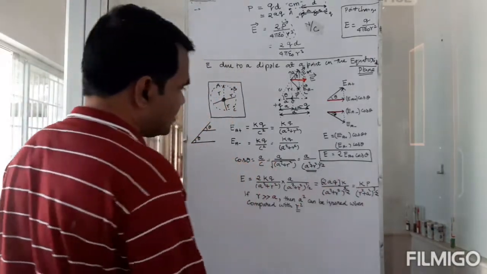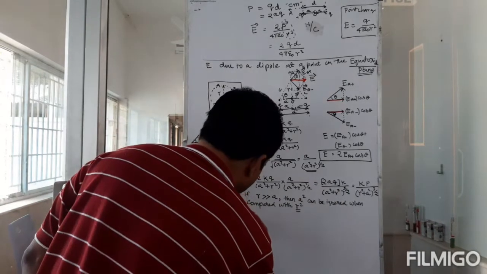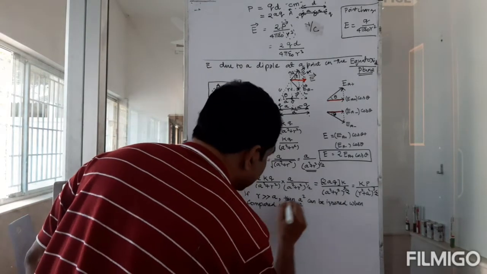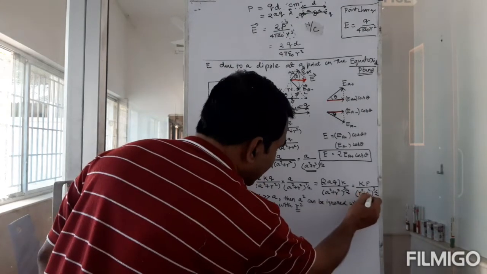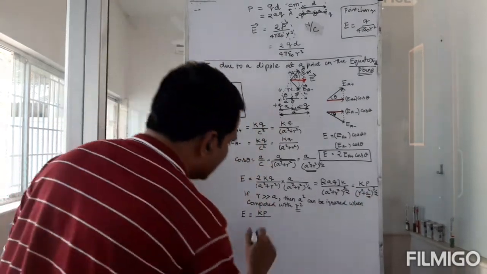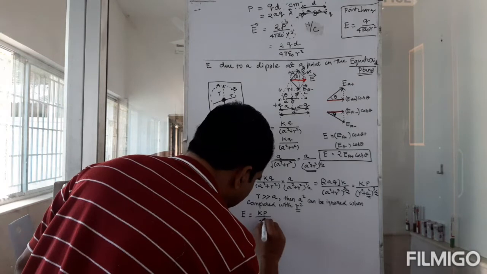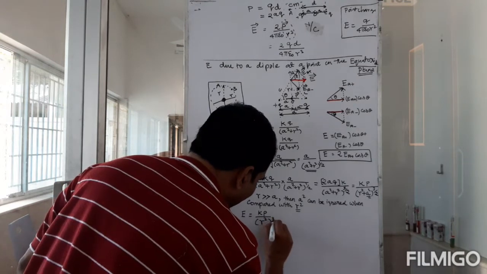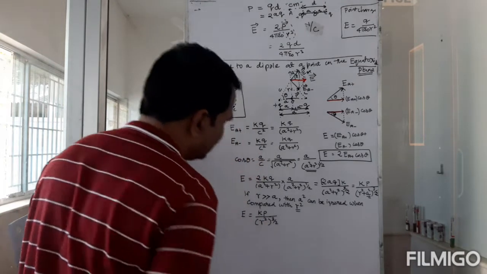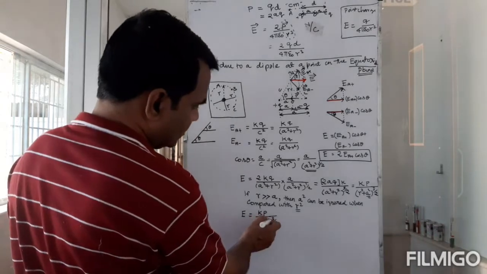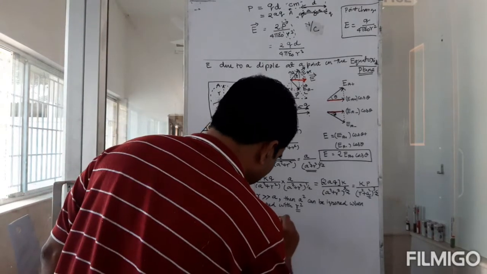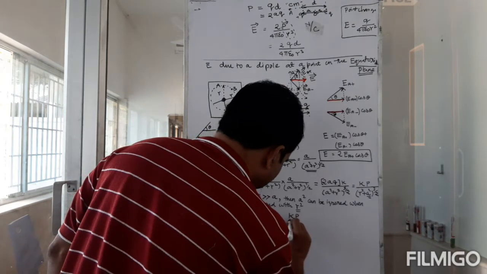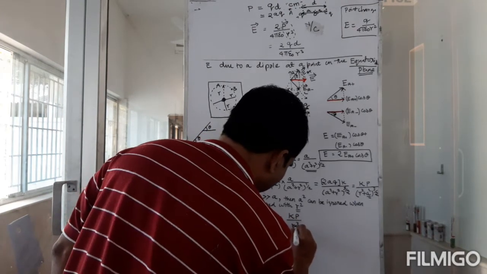So E becomes what? Now E becomes Kp by, A squared can be ignored, so that leaves just R squared power 3 by 2. Then this 2 and this 2 will get cancelled, so I'm going to have Kp by R cube.